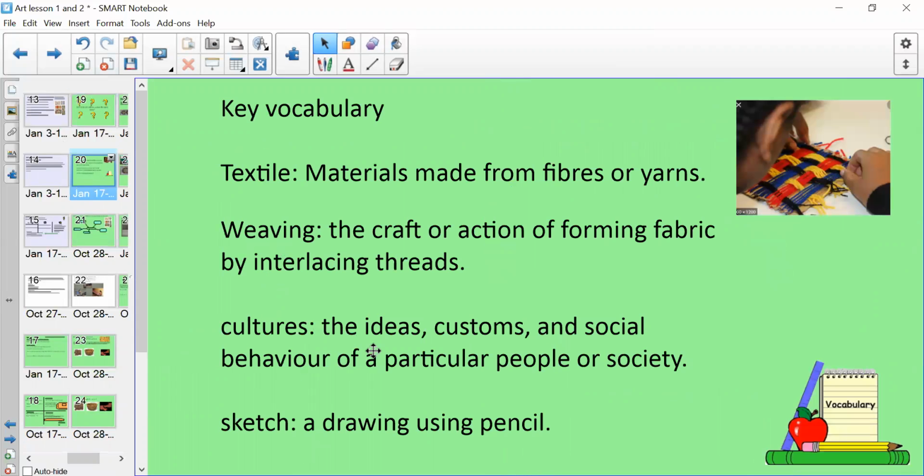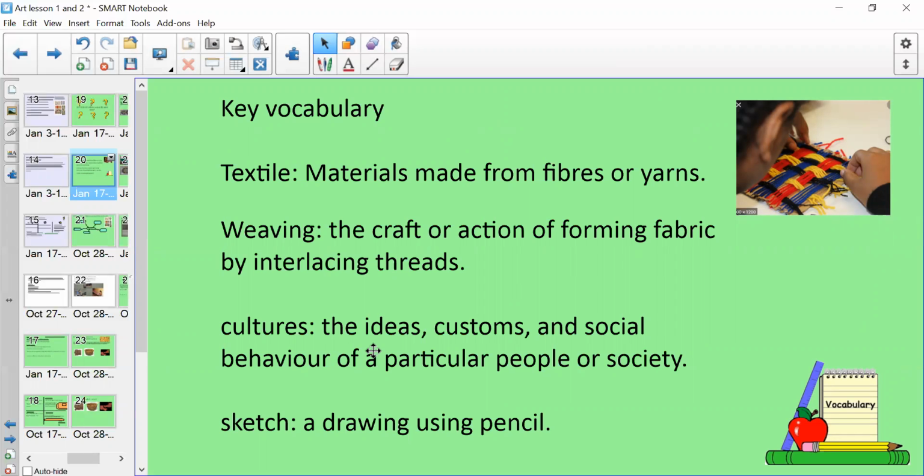So let's think about that question and let's have a look at what culture means. So a culture is the idea or customs and social behavior of a particular people in society. So you've got lots of different cultures around the world. And then textiles, what we did last week. So materials made of fibers or yarns.